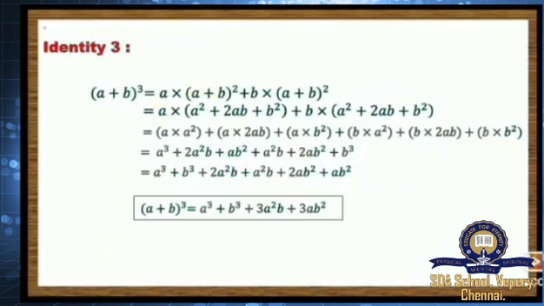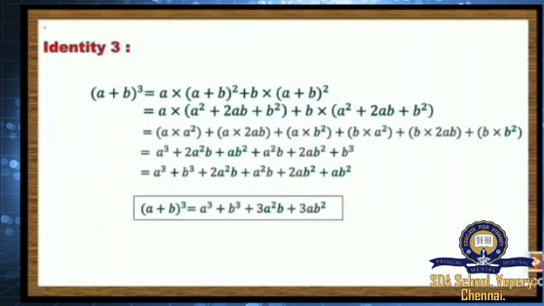So when you multiply, you will get a into a square. Next, a into 2ab. Next, a into b square. Similarly, b into a square, b into 2ab, b into b square.